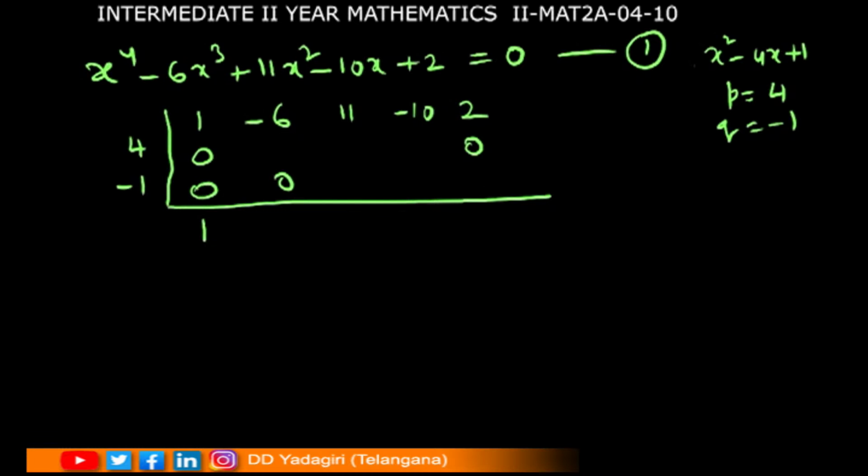1 into 4 is 4, -2, -8, 3. 1 into -1, -1. So we got a mistake here.